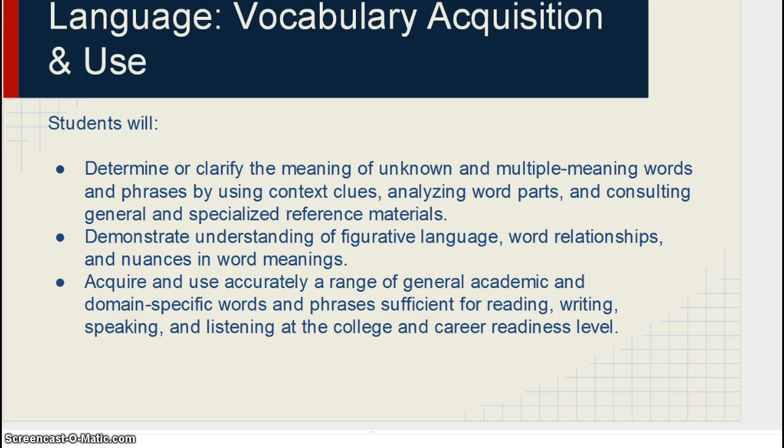Students will demonstrate understanding of figurative language, word relationships, and nuances in word meanings. Students will acquire and use accurately a range of general academic and domain-specific words and phrases sufficient for reading, writing, speaking, and listening at the college and career readiness level. At this time, please pause the screencast and answer the appropriate questions on the form.